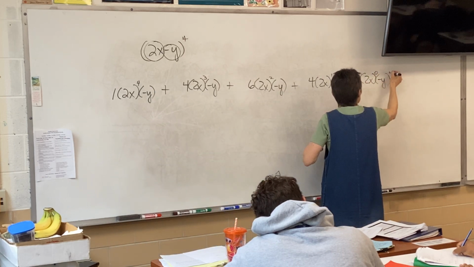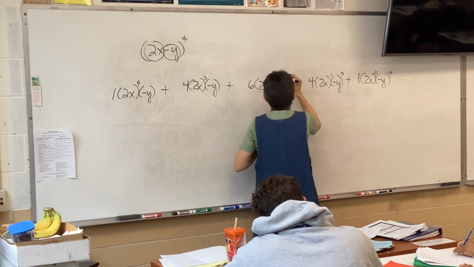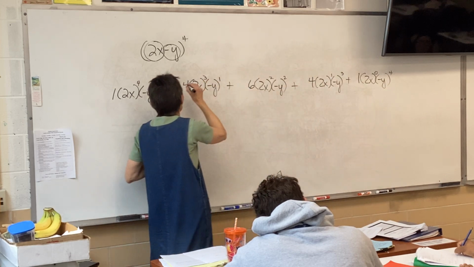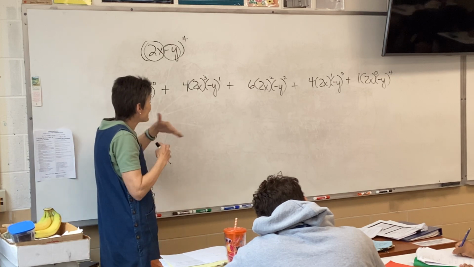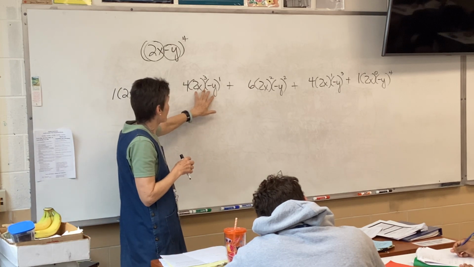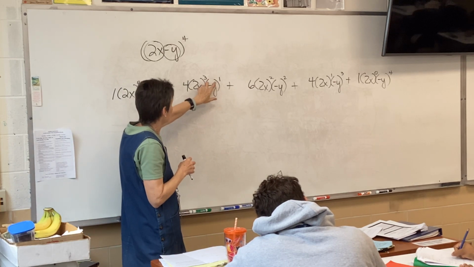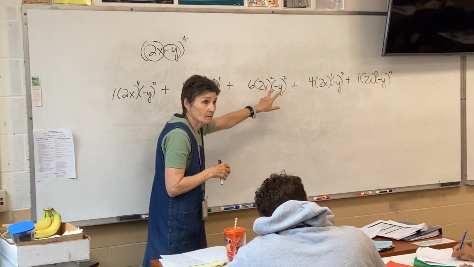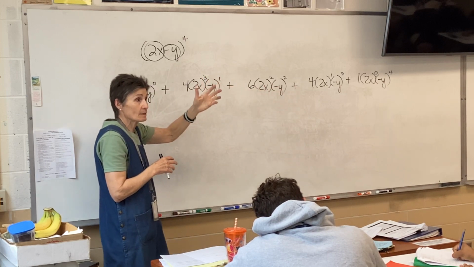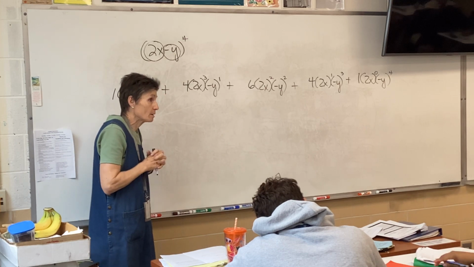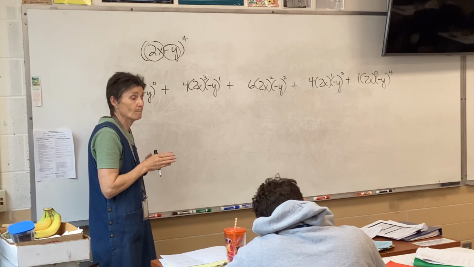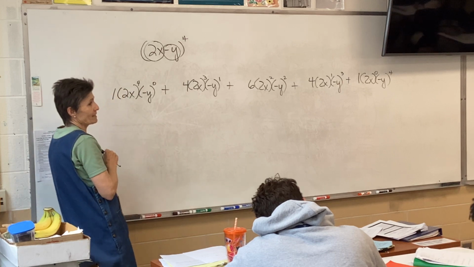And then the y's do the same thing from the other direction. And notice, within each term, what is the degree? 4, right? Make sure it is, because anytime you go to the fourth power, your powers should add up to 4 in each individual term. Now I'm ready to simplify.